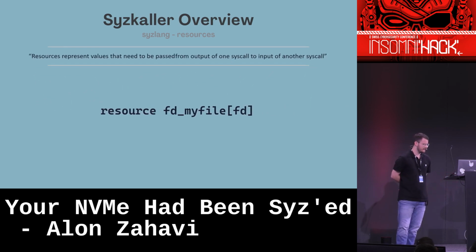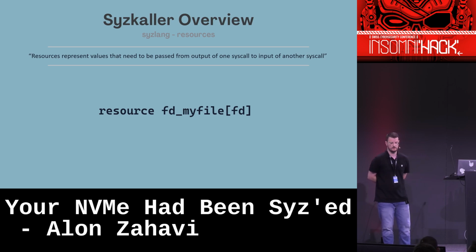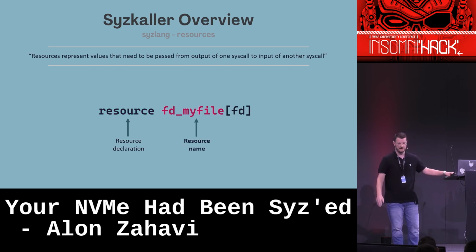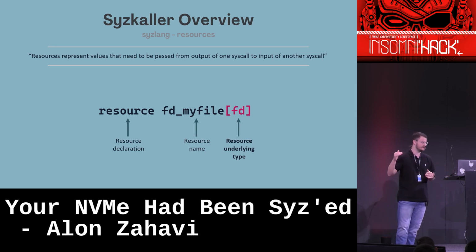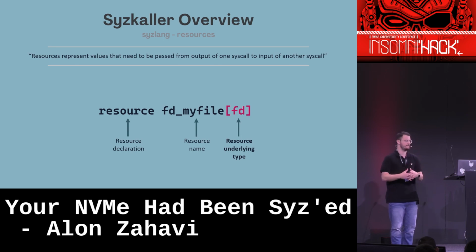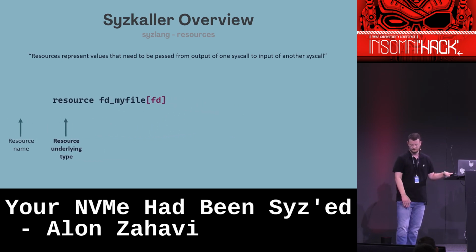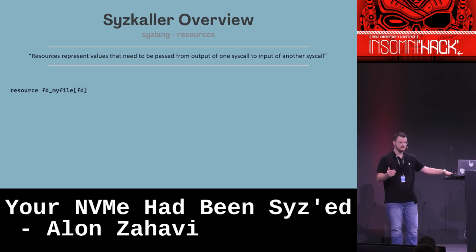To describe a resource, we have the resource declaration with the name of the resource right after that, and which underlying type of resource it's derived from. In our case, fd_my_file, which is a file descriptor to a specific file, will be derived from fd. We use it as such.